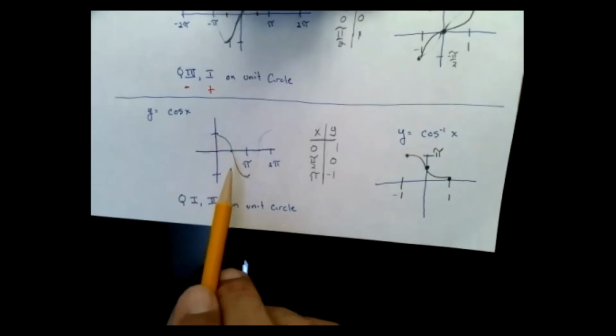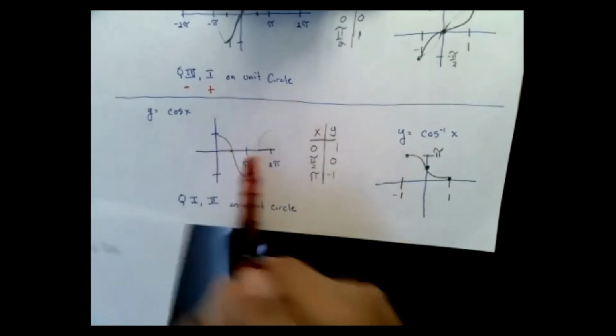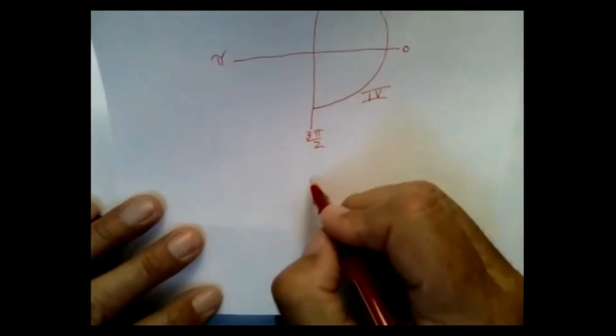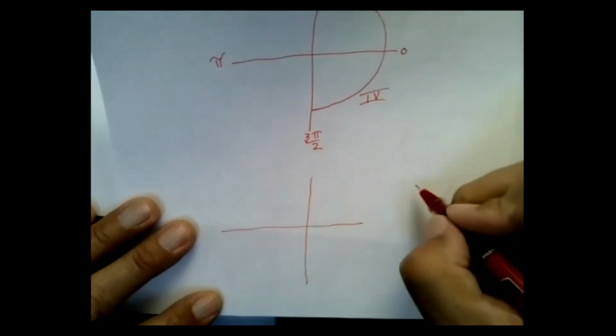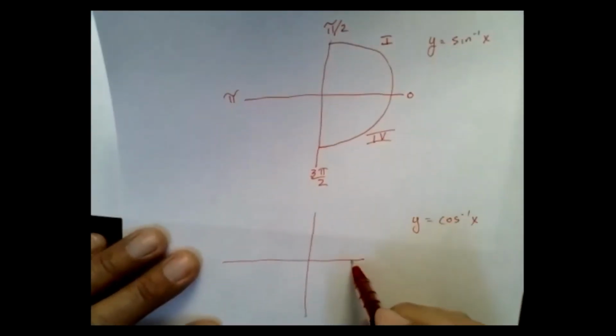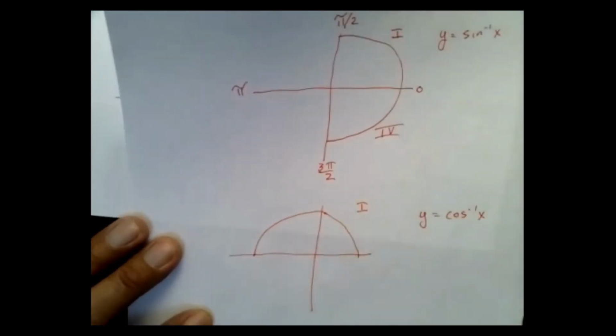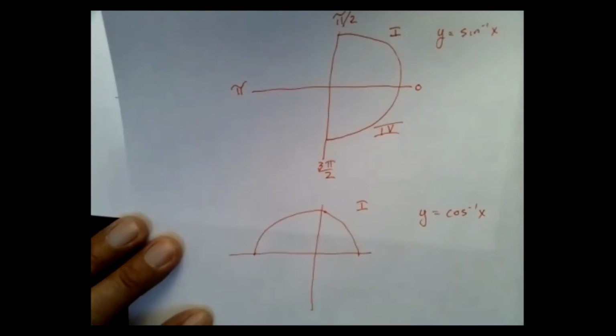If I took a look at this on the unit circle, it goes from 0 to pi. So on the unit circle, this is y equals the inverse cosine. It goes from 0 to there, to there, to there. So all of the positive values are in quadrant 1.